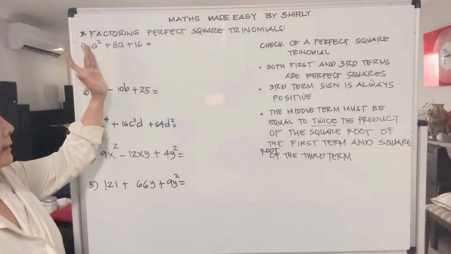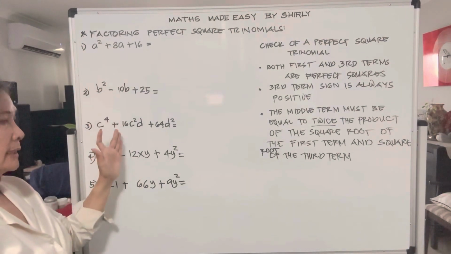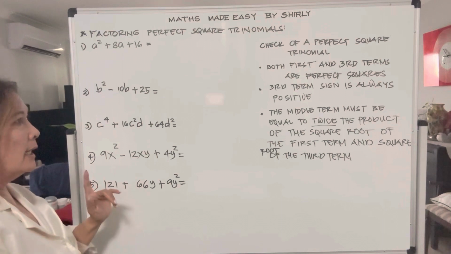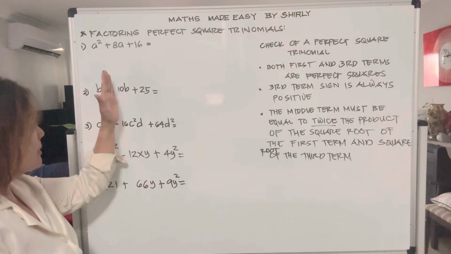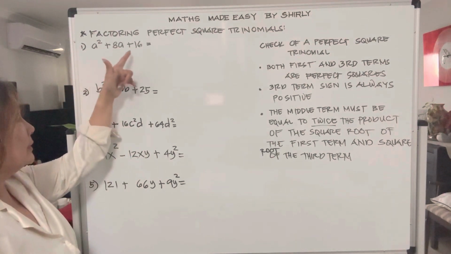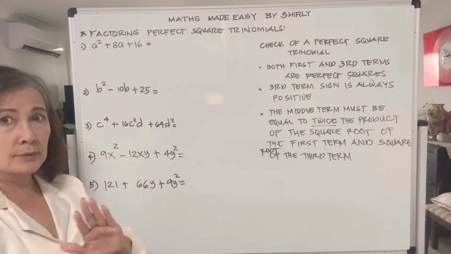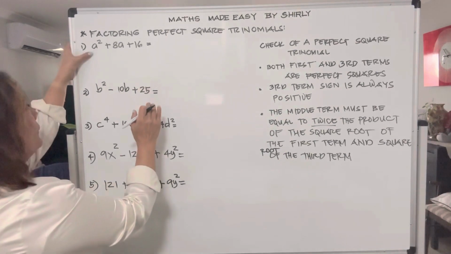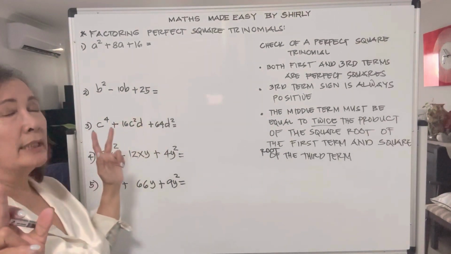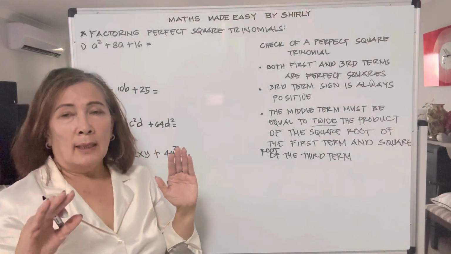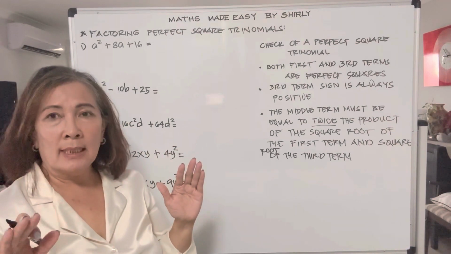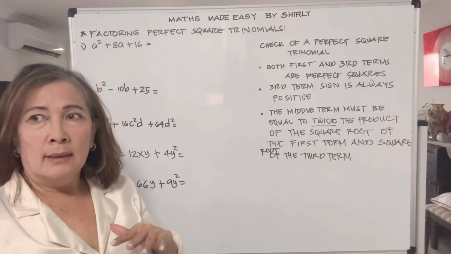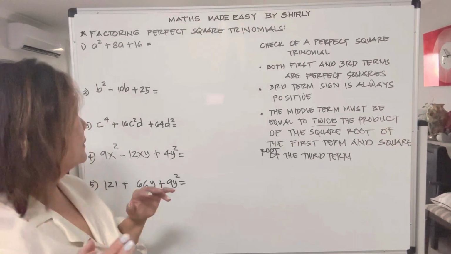And take note, I assure you that all the middle terms are equal to twice the square roots of the first term and the third term. Now, another point that you should know: a perfect square trinomial always has a square of a binomial as its factors.